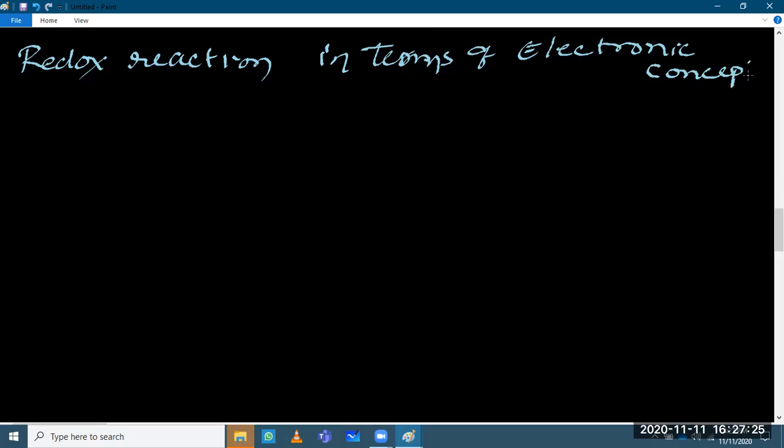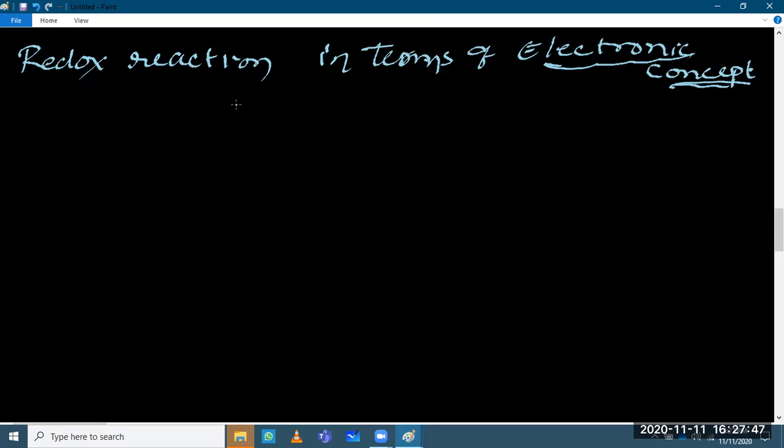What is the meaning of the electronic concept? It means the number of electrons donated by an atom and the number of electrons accepted by an atom is called electron theory. So oxidation and reduction are two different kinds of reactions. We can also call them redox reactions. Both reduction and oxidation take place in a chemical reaction, so we call them redox reactions.